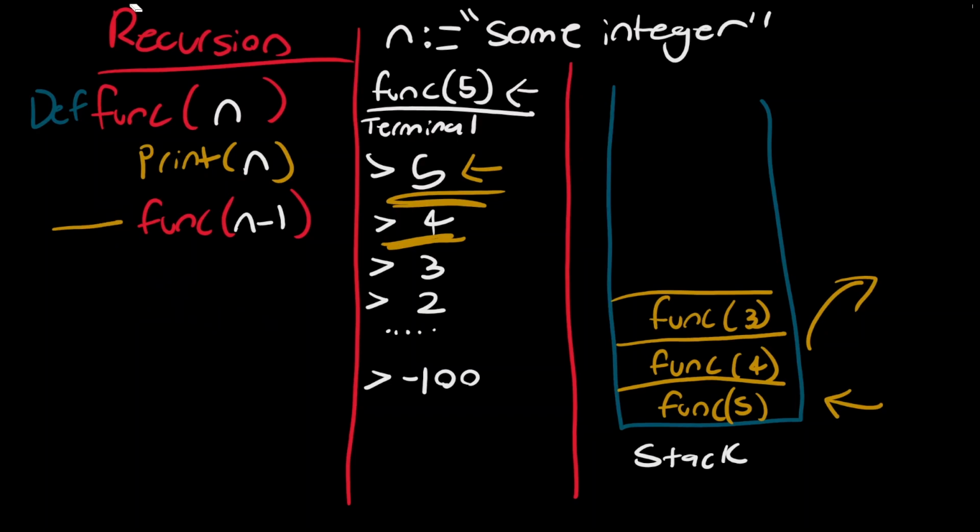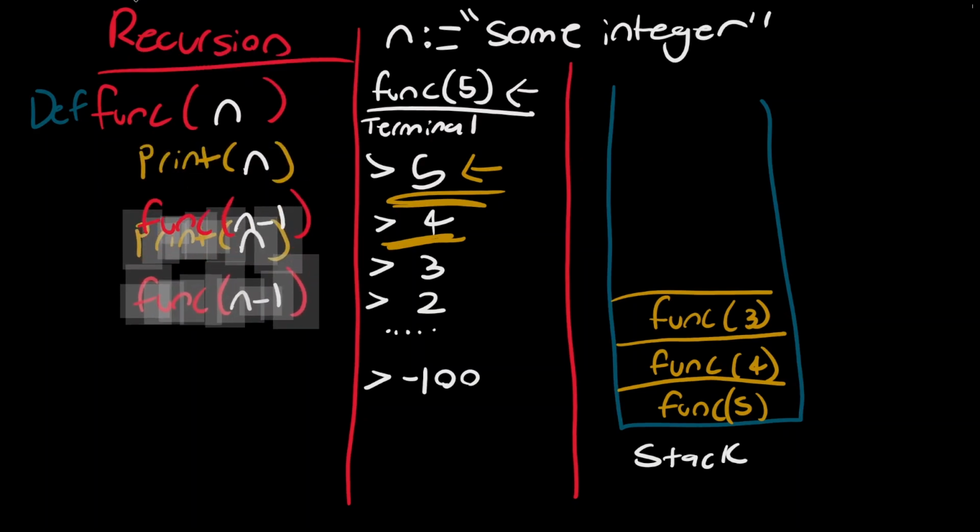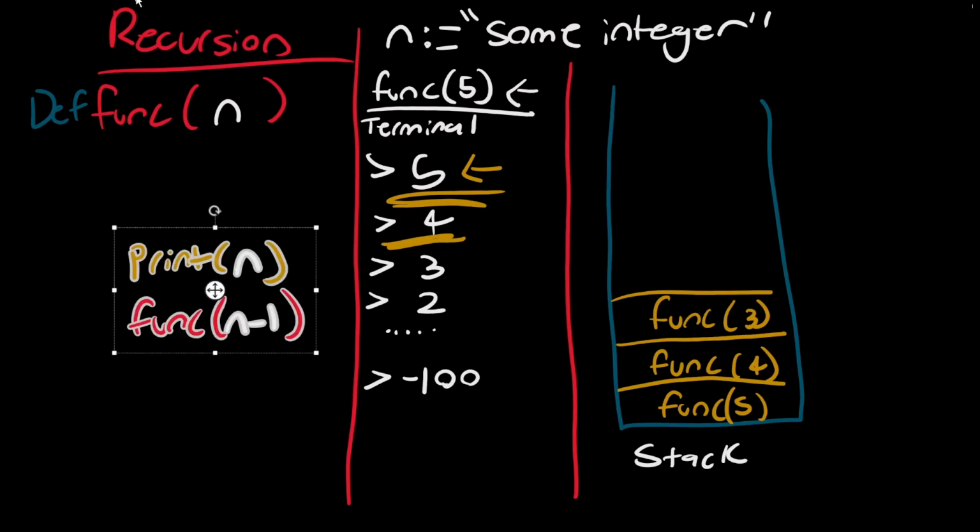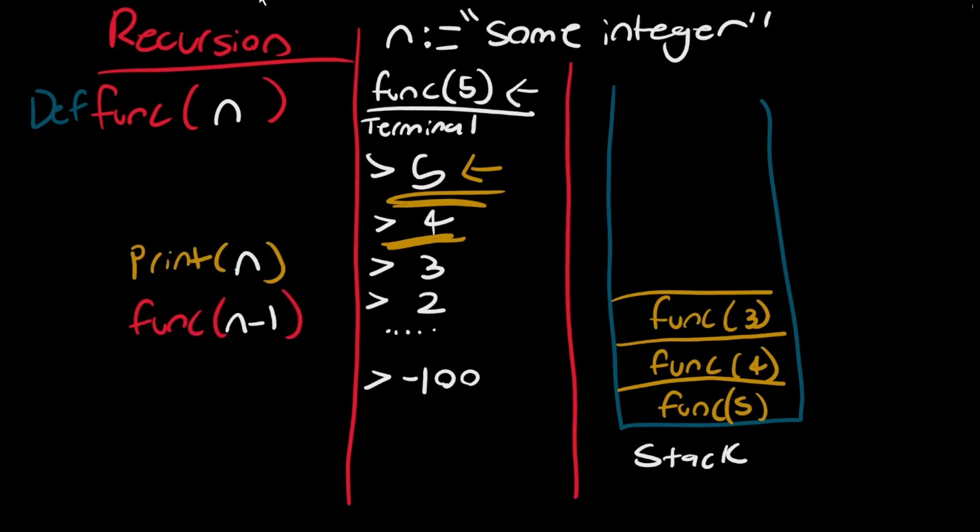But now we don't really have a stopping condition for this. How can we add one? The stopping condition is usually called the base case. Well, we need to look for a condition to stop our function. Let's stop our function here at this 2. So when n is equal to 2, just return.